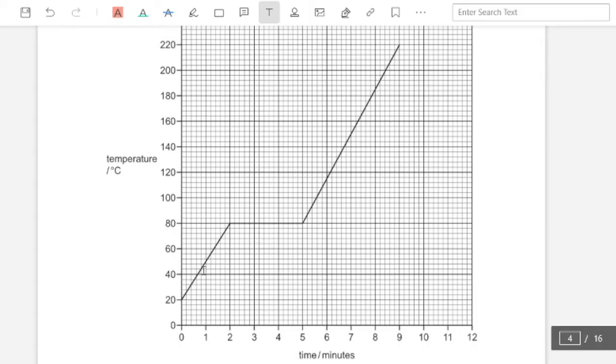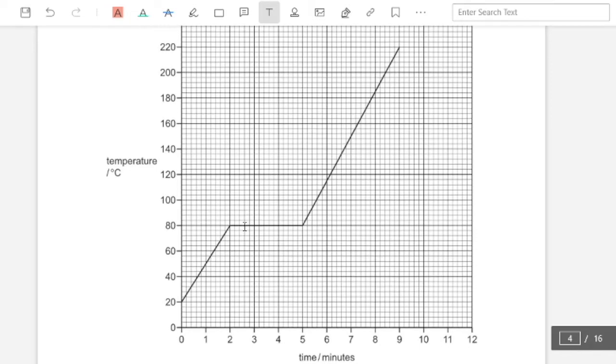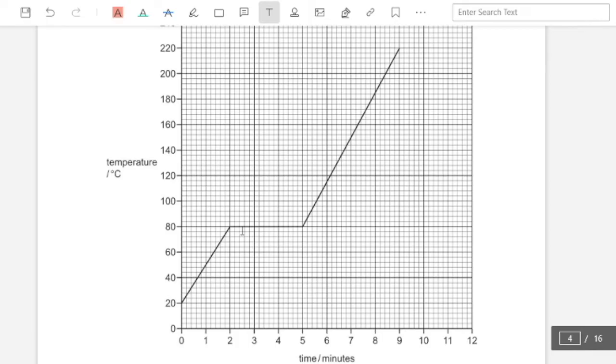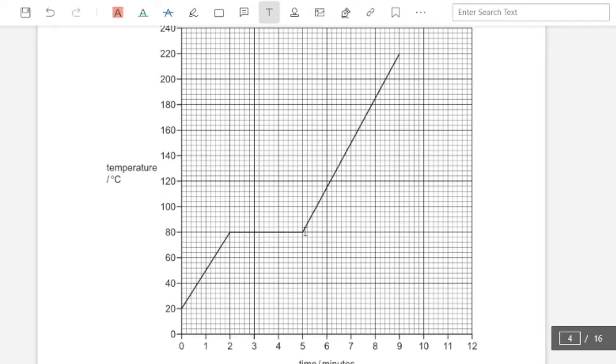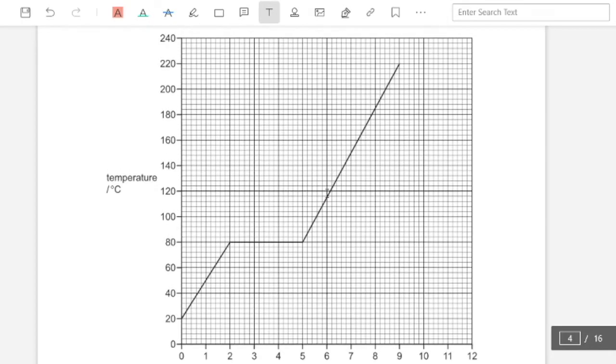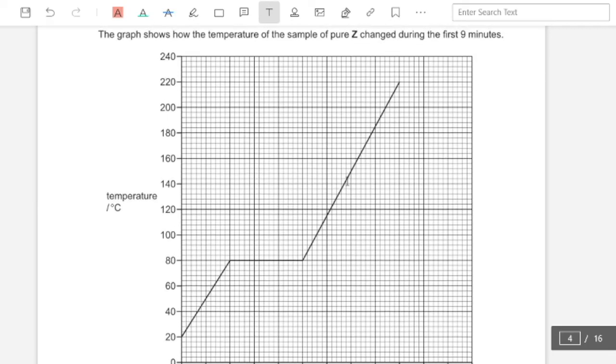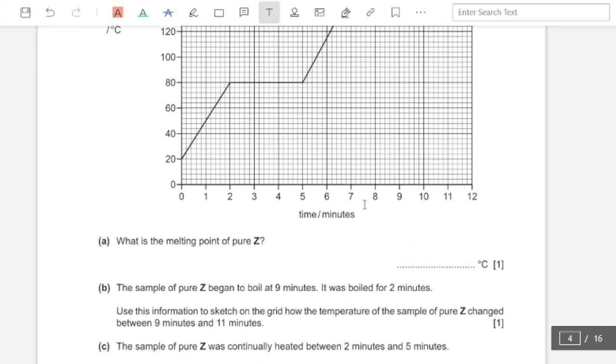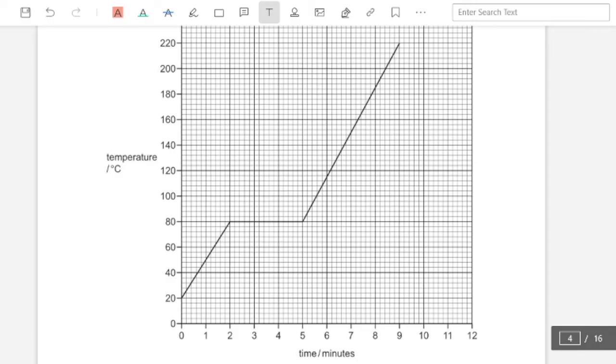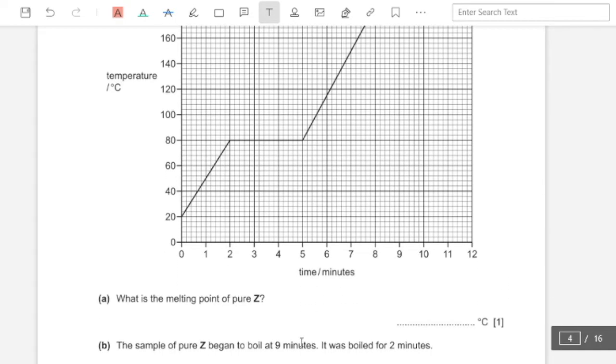Because over here the temperature was used to increase the kinetic energy of the substance, but over here that energy is instead used to break the bonds between the covalent substance Z. And once all of those bonds are broken and it has turned to liquid, the substance then continues to gain kinetic energy, since it is no longer needed to break bonds. Alright, so that is how you read this heating curve.